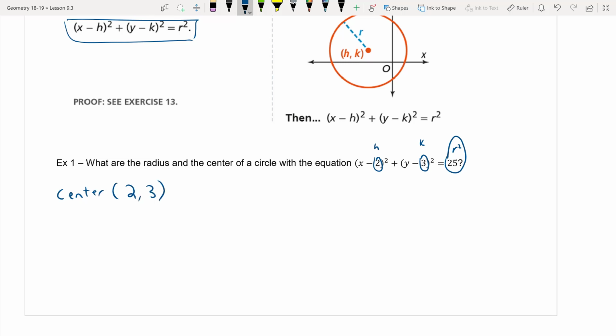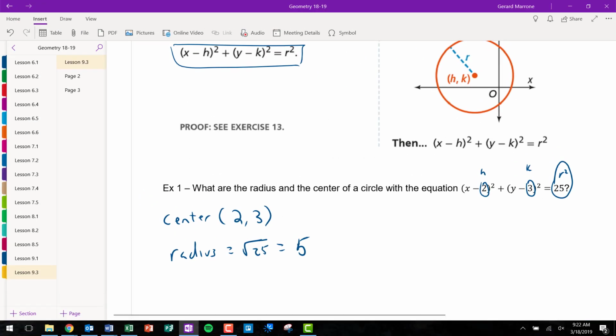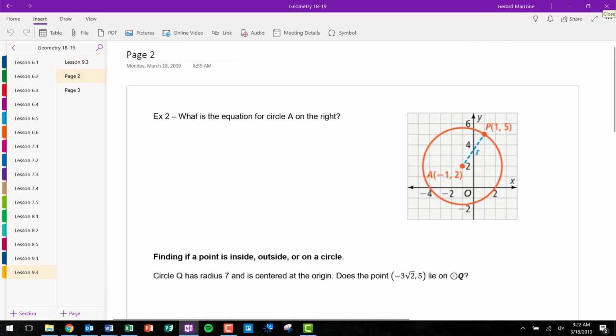Whatever the sign is, you flip it, and that's your actual number pulling it out. And then our radius is going to be the square root of 25, since it's r squared. So my radius here is just 5. It's difficult to remember, but it's huge that we do have to do that square root there. So let's take a look at some examples of these.